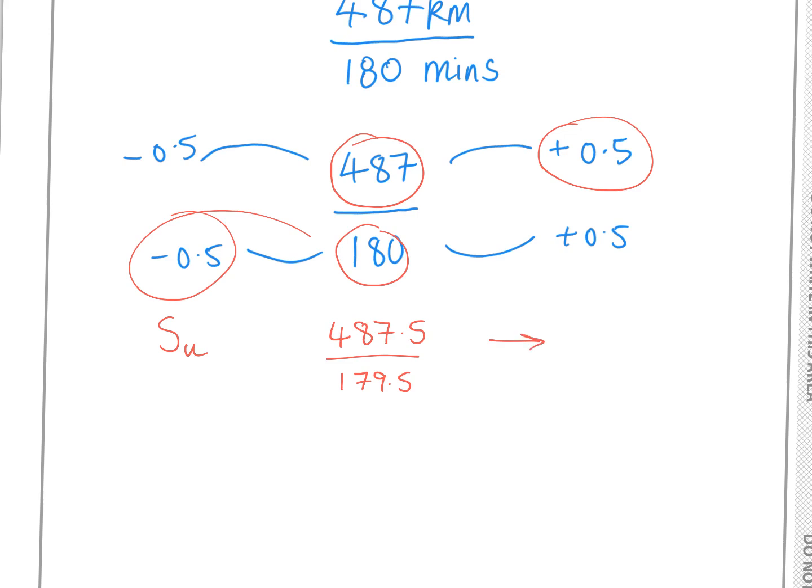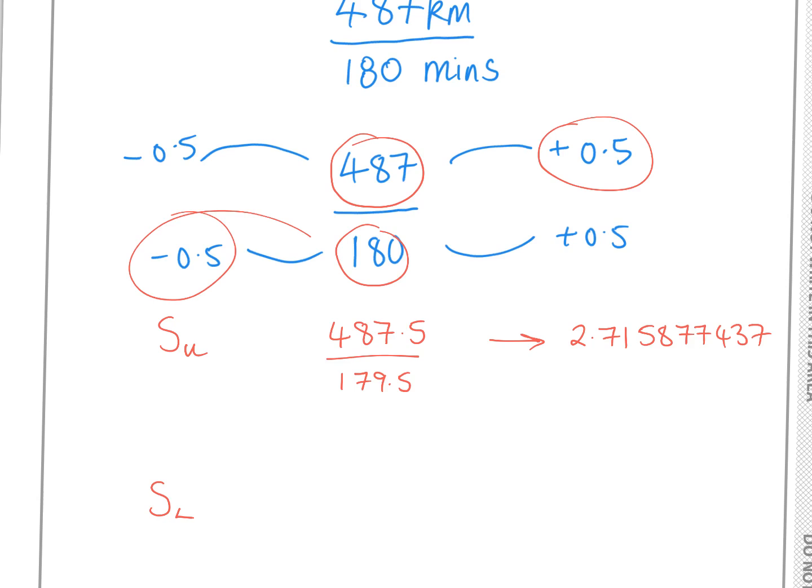So on the calculator, that's 487.5 divided by 179.5. And that's going to be 2.715877437.